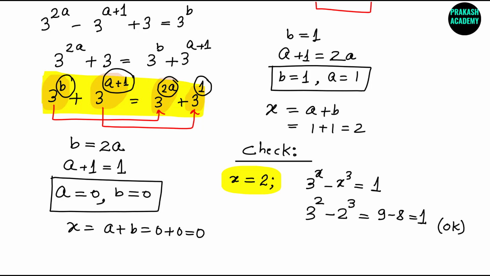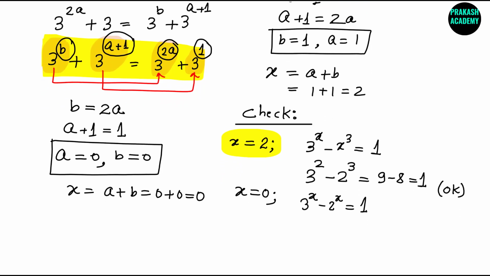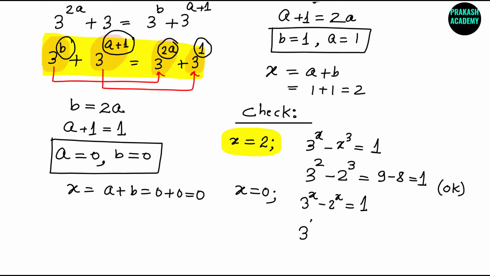What about x is equal to 0? So that is 3 raised to the power x minus x cube is equal to 1. So let us check this. So 3 raised to the power 0 minus 0 cube, that is 1 minus 0, which is equal to 1.